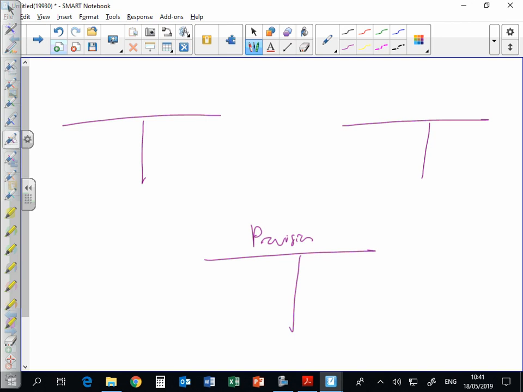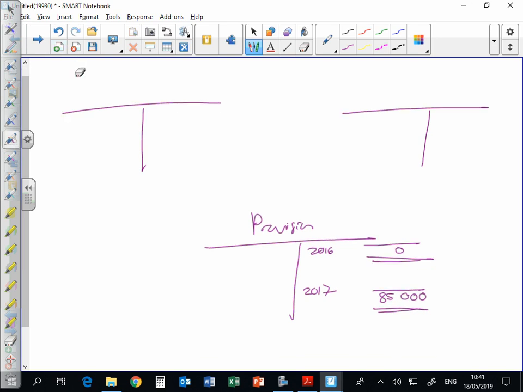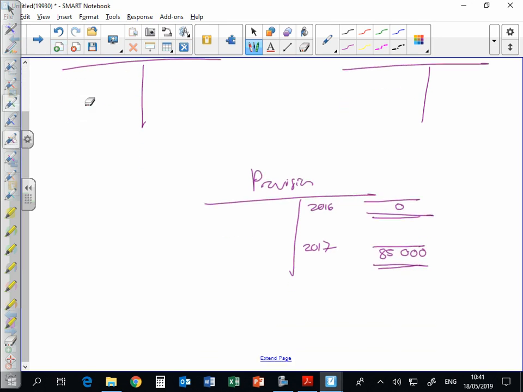In 2016, we had a provision of 0, and in 2017, we ended with a provision of 85,000. Okay, happy with that? In terms of this 85,000 provision, after year end, so in our current financial year, we paid out 30,000. Of that 30,000, 9,700 related to this provision. You guys are happy with that?